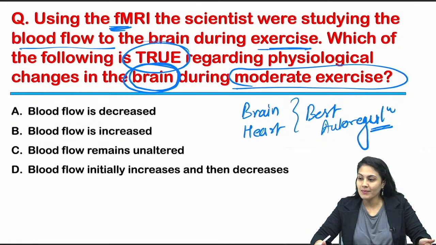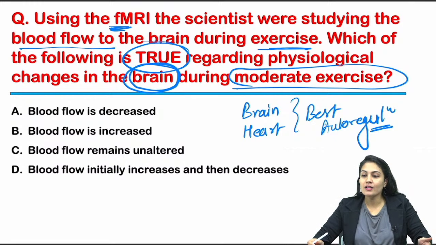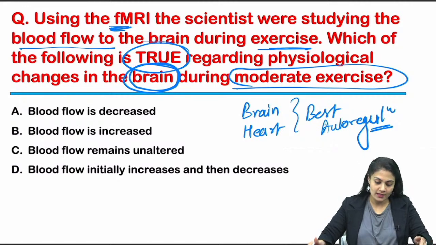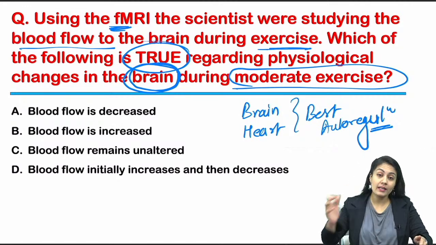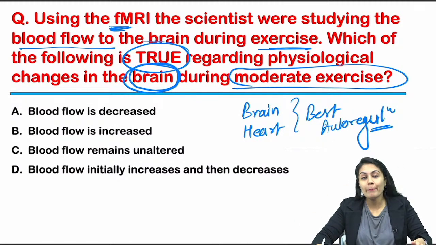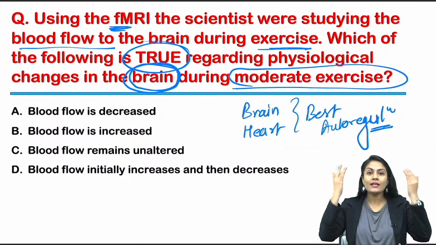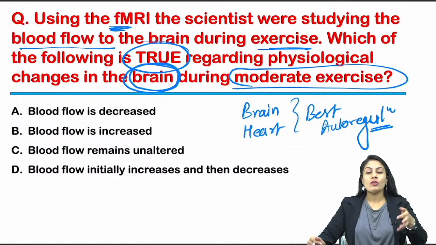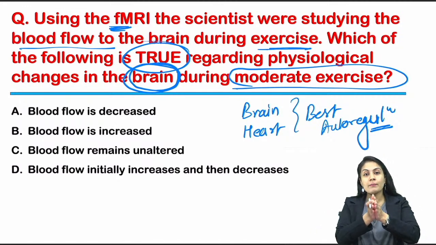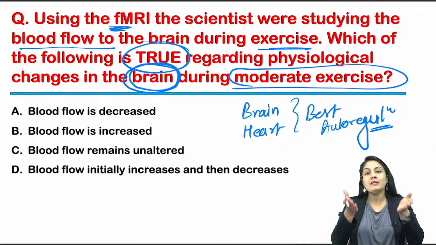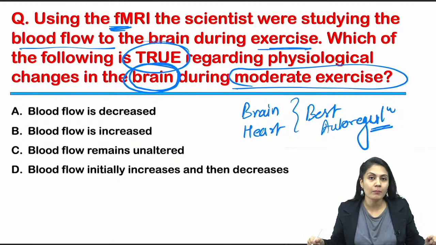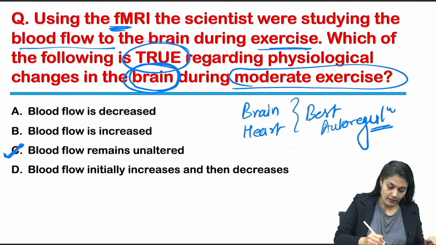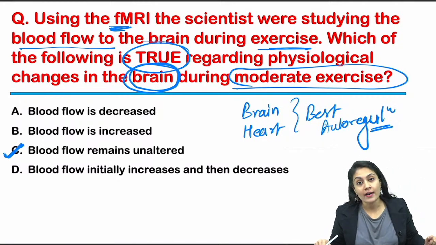It is not going to increase. Otherwise, if you increase your brain blood supply unnecessarily, the hydrostatic pressure inside will increase and there will be cerebral edema, which should not take place. Please remember, during exercise it is unaltered.